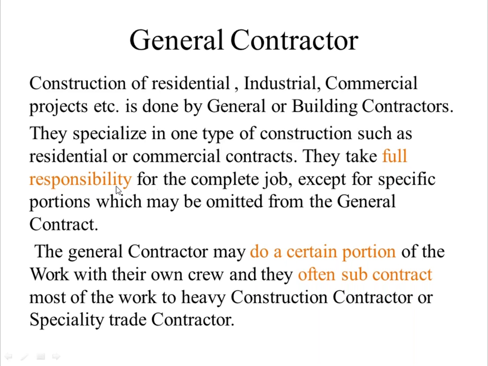They take full responsibility for the complete job except for specific portions which may be omitted from the general contract. The general contractor may do a certain portion of the work with their own crew, and they often subcontract most of the work to a heavy construction contractor or specialty trade contractor.